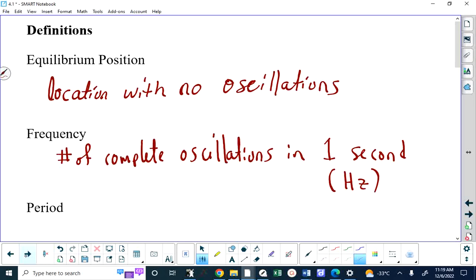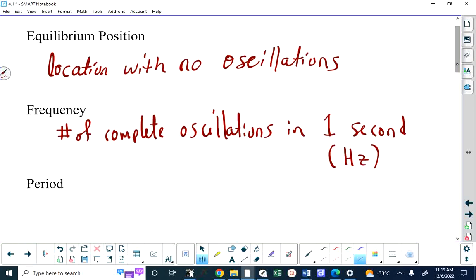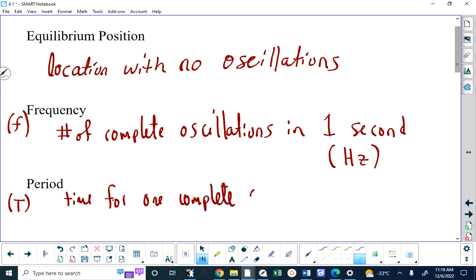But that brings up the relationship between period and frequency, which we should already know. Period is the time. By the way, this is called F, this is called T. Period is the time for one complete oscillation.